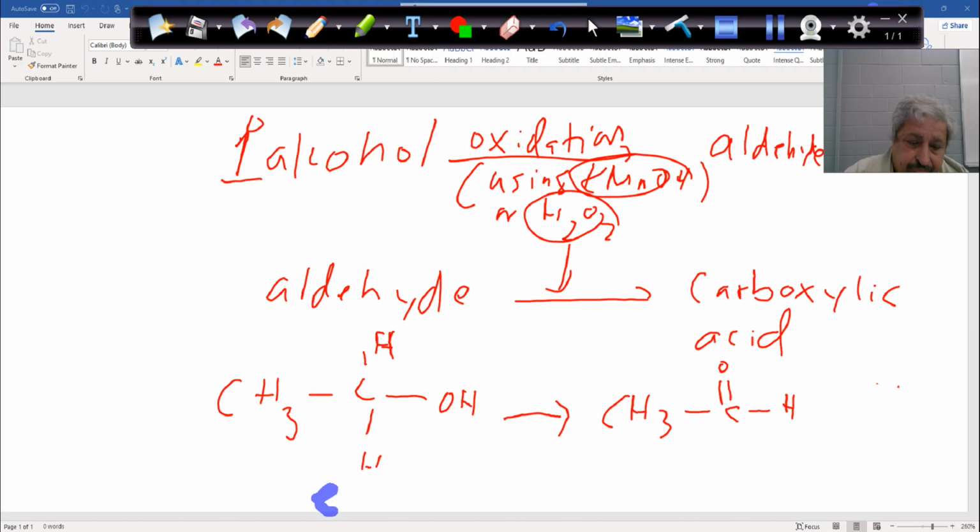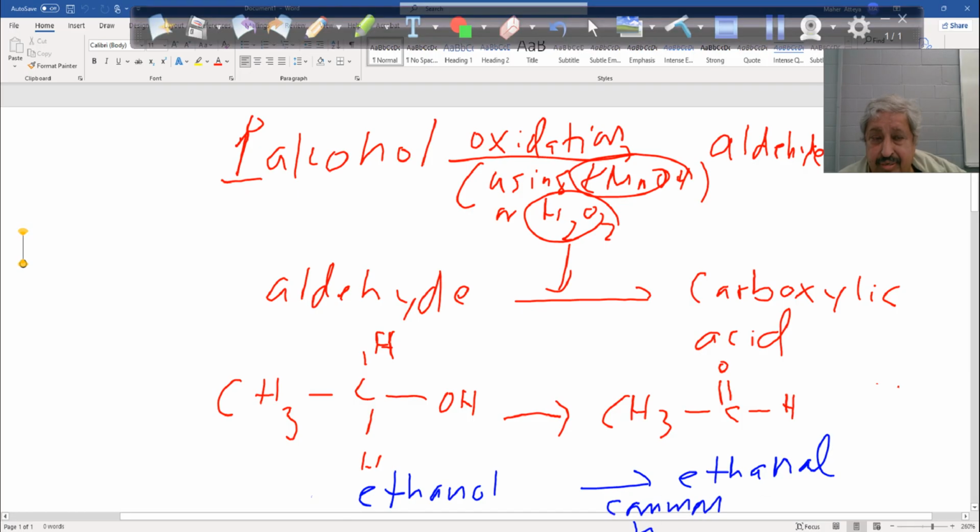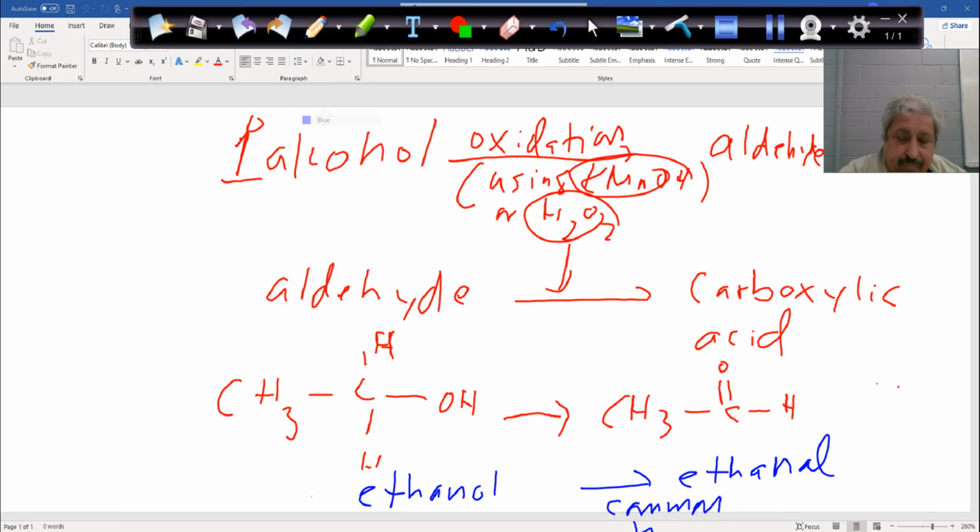This one goes to ethanal. It has a common name. As I said, we are not looking at common names here, but at least the common name is called acetaldehyde.